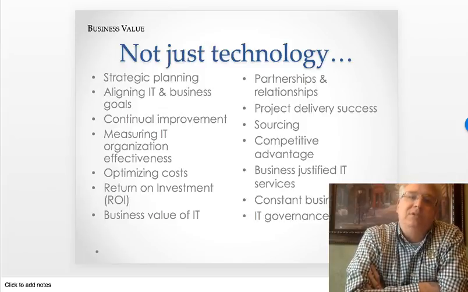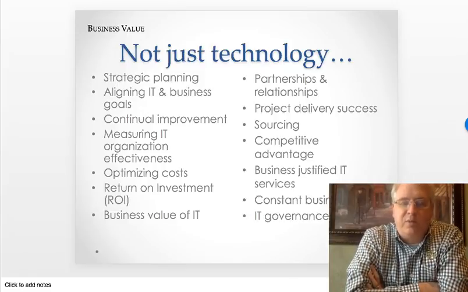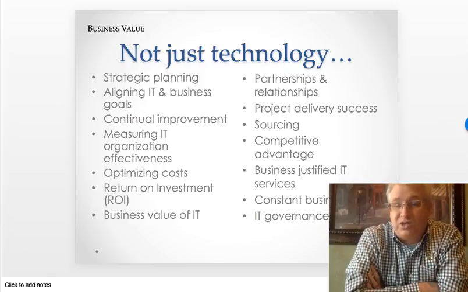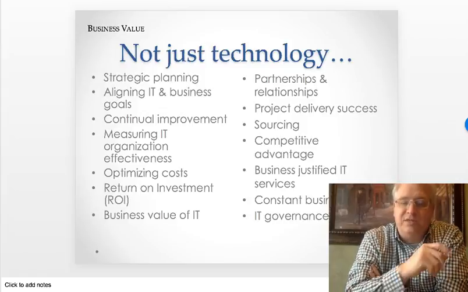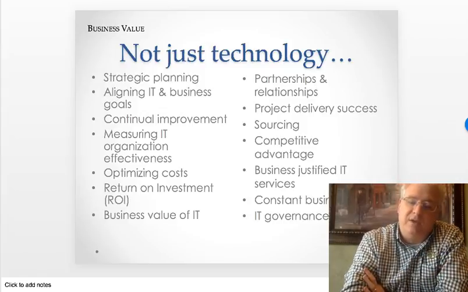Here are some examples of what we call complementary assets, and how they can be valuable across the organization: things like strategic planning, return on investment, and sourcing, where you get your technology. You see all those other concepts that we've mentioned before. Here's a list of them, because each of these comes out in the topics that we're getting ready to discuss.